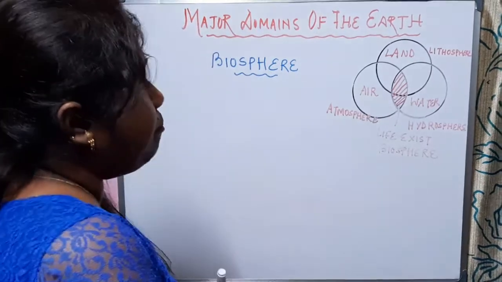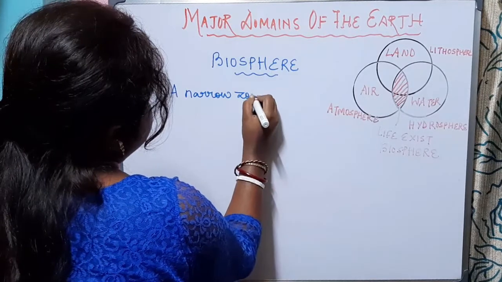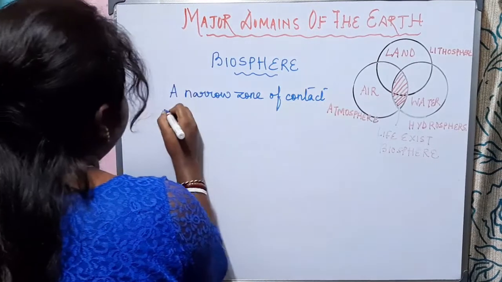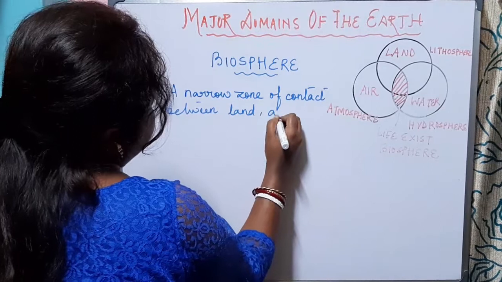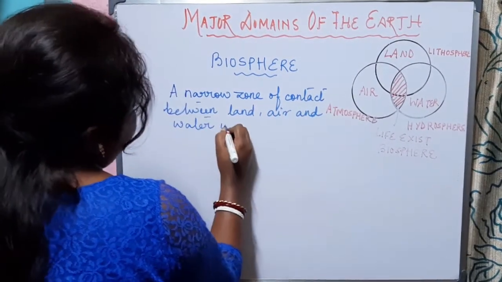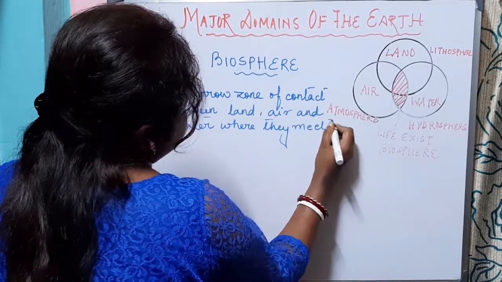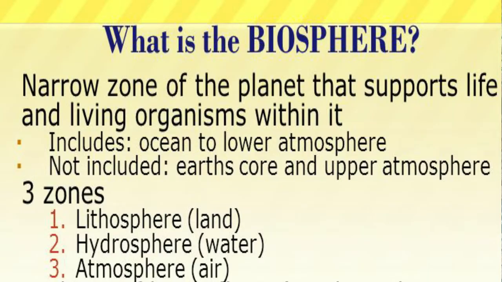So what is a biosphere? A narrow zone of contact between land, air, and water, where they meet, interact, and where life exists.